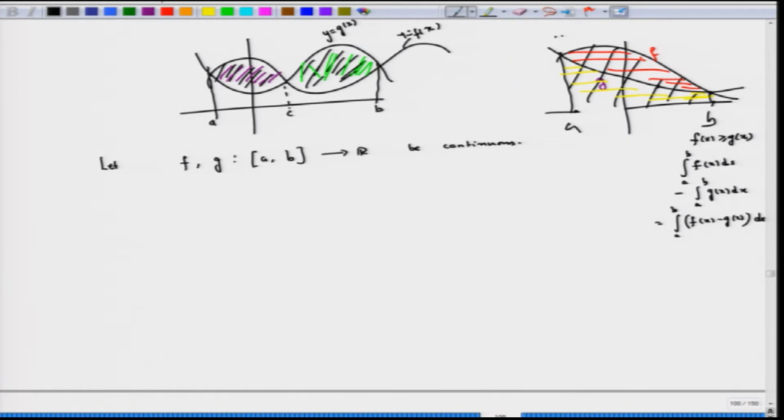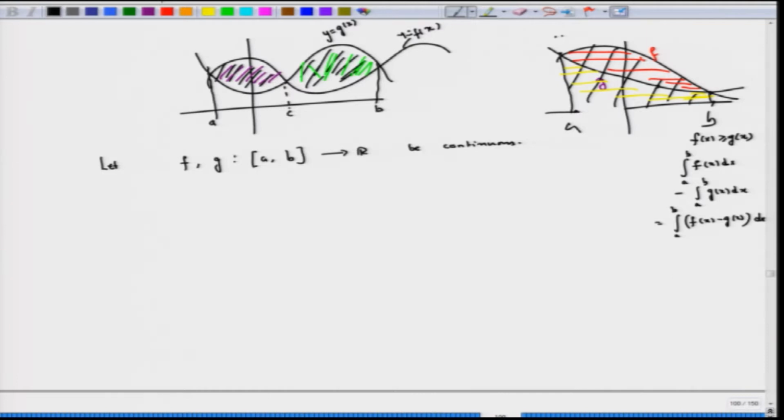What we are going to get here is the integral from a to c of f of x minus g of x, and then for this it is the integral from c to b of g of x minus f of x.